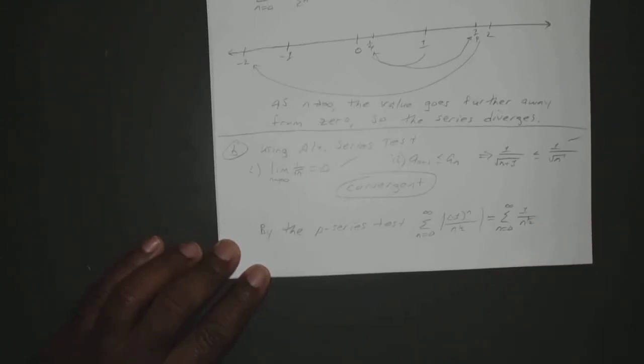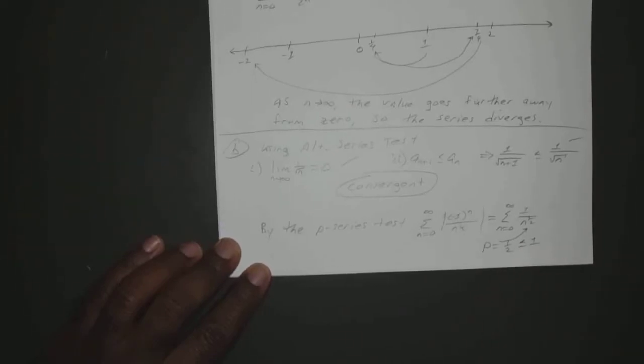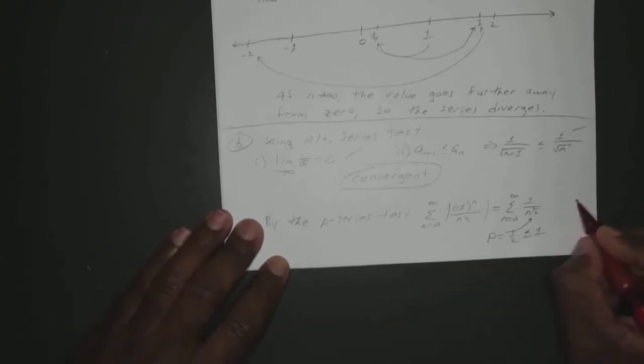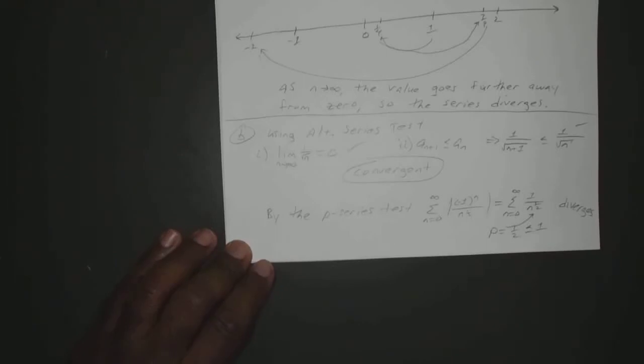And we know that diverges, since p is equal to 1/2. So p is equal to 1/2, which is less than or equal to 1. So it diverges. Okay, so this one's conditionally convergent.